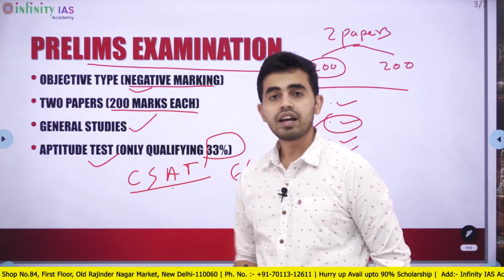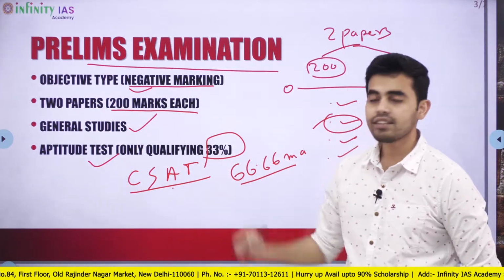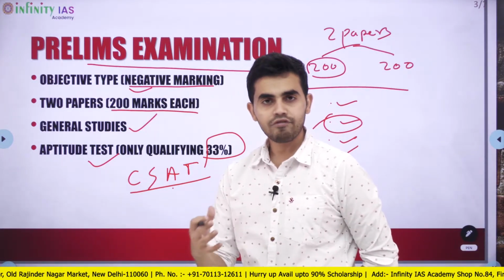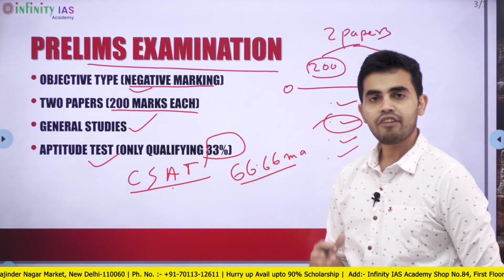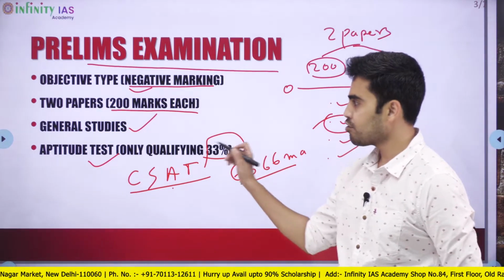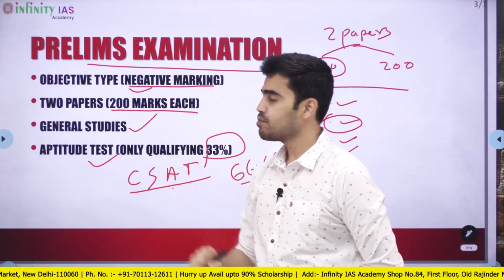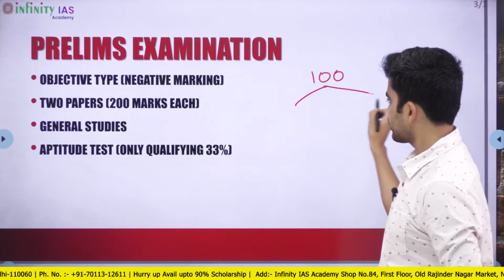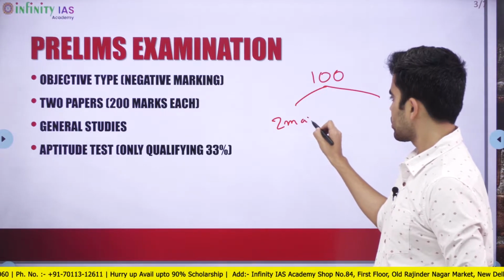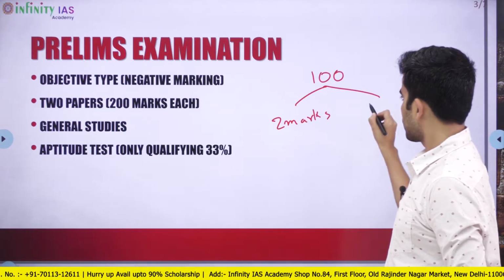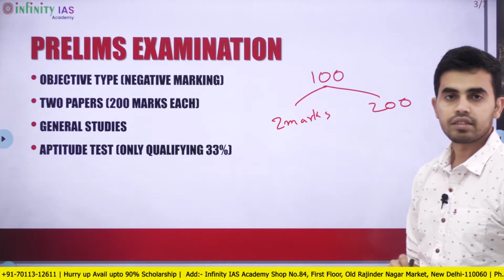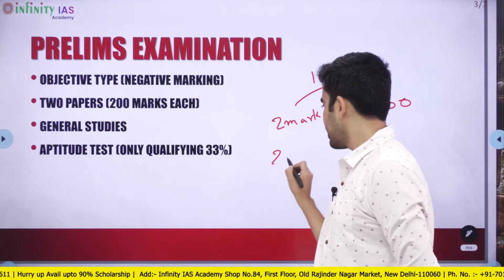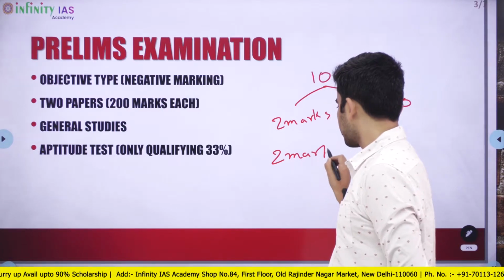The first paper is more crucial and it has general studies. Every year there will be a cutoff mark that students have to score more than, to qualify in the prelims examination. So 100 questions, each 2 marks, a total of 200 marks. If we answer a question correctly, we get 2 marks.